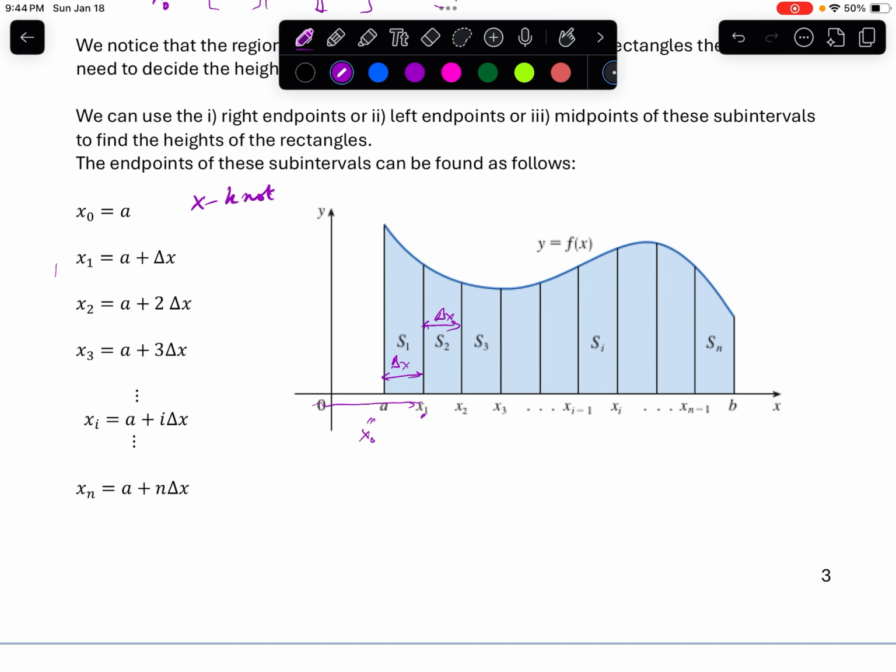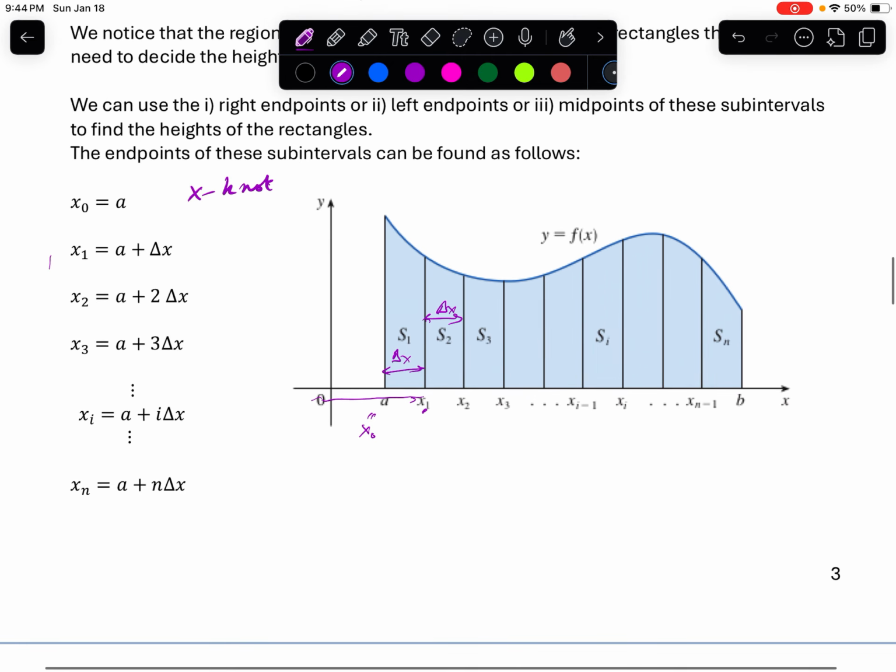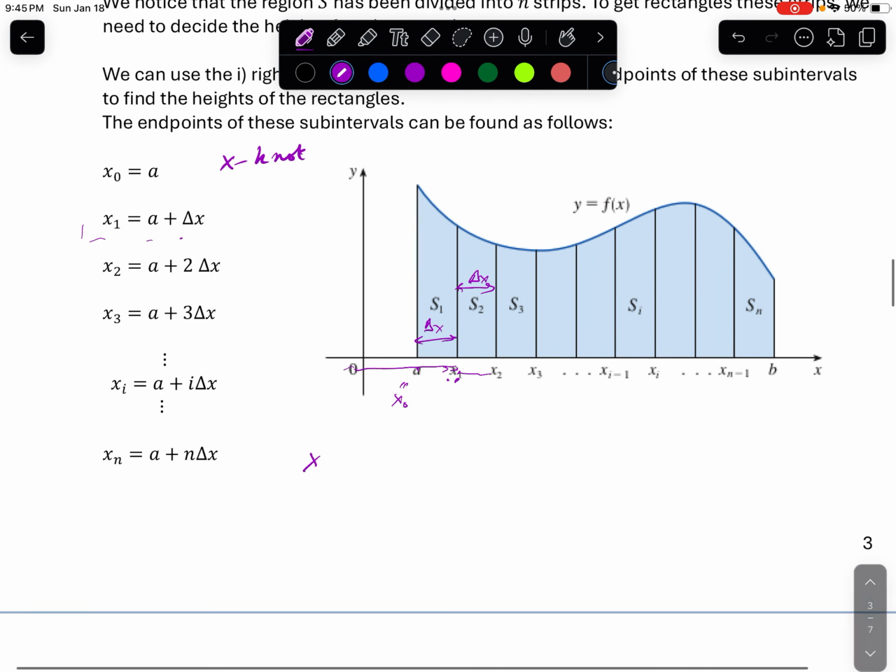Well, it will be a plus delta x. So x1 is a plus delta x. What is x2? Well, again, it is delta x away from here. So x2 is equal to x1 plus delta x.